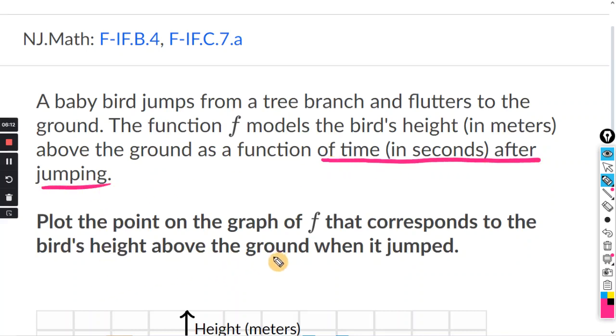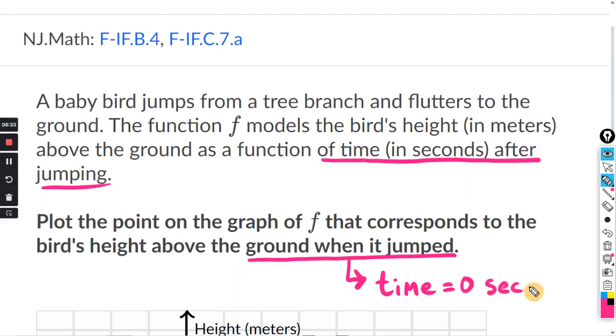So the time when the bird jumped is going to be t equals 0. I should say time, because they didn't say t. Time equals 0. It's in seconds, so you can say 0 seconds if you want.